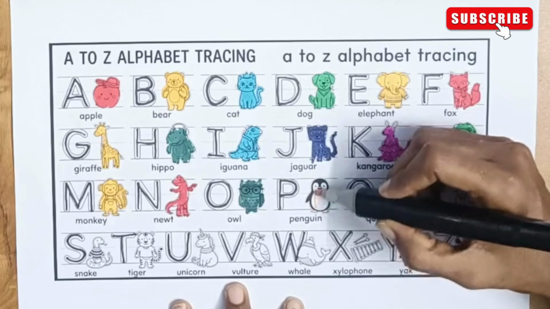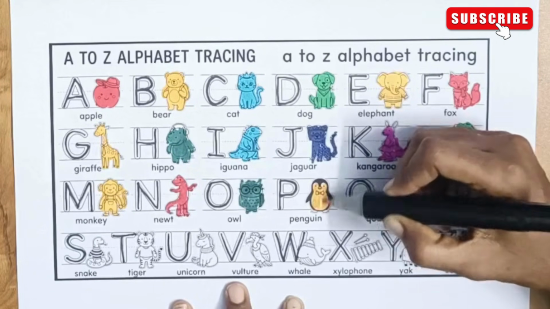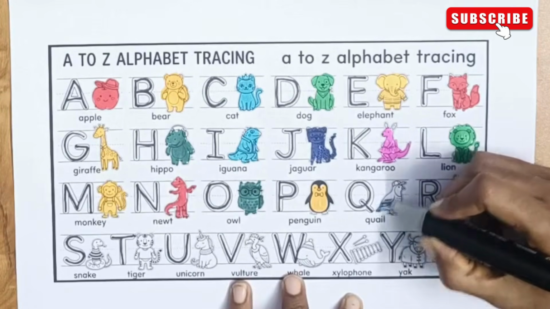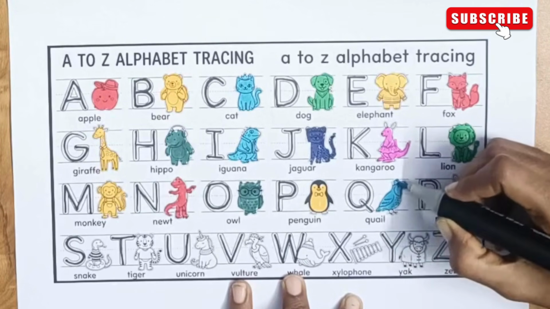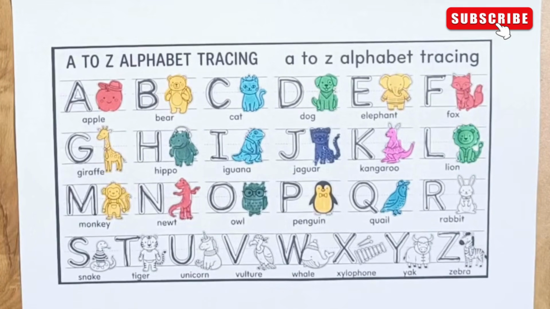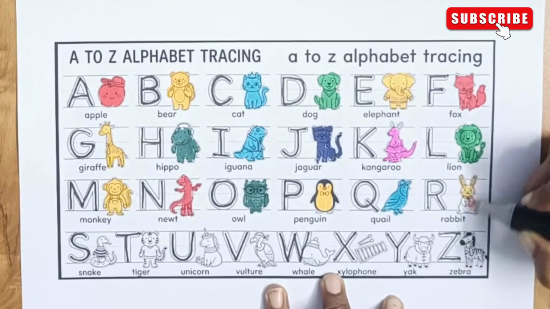Next, P for penguin. Q for quail. Next, R for rabbit.